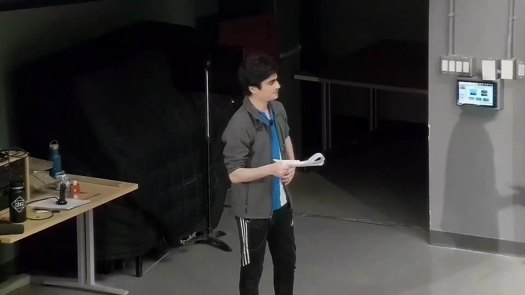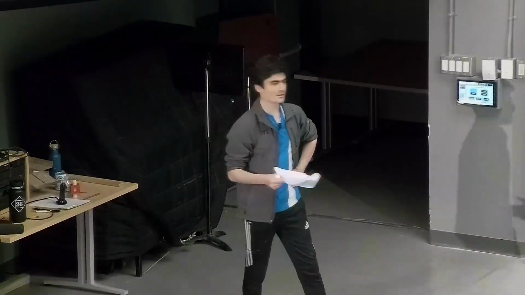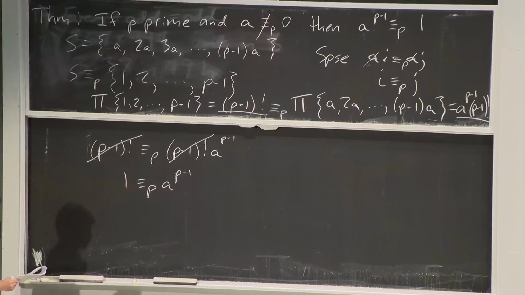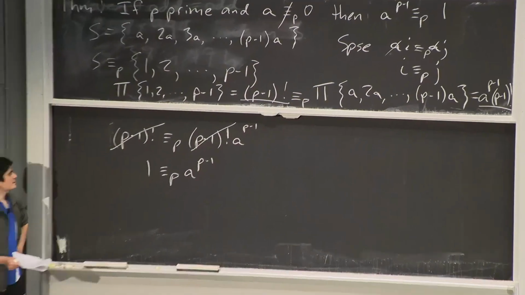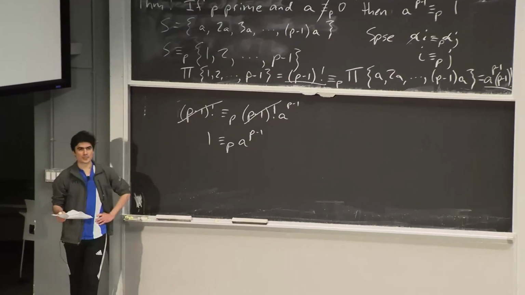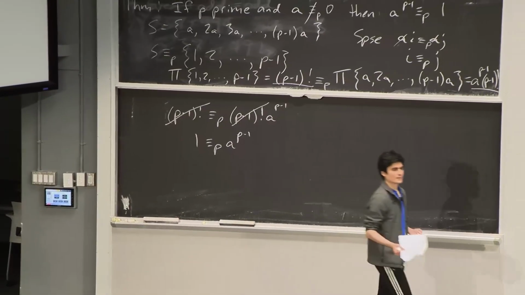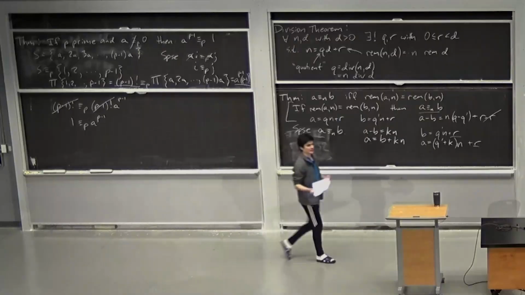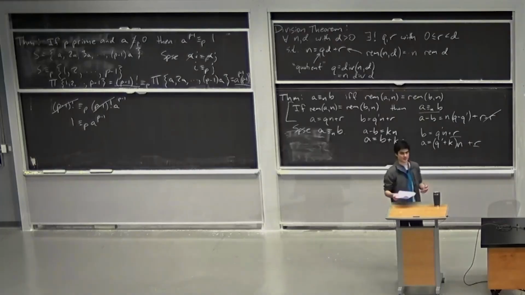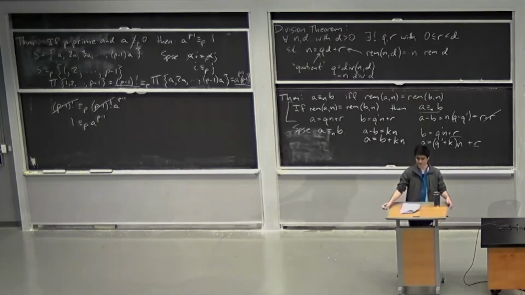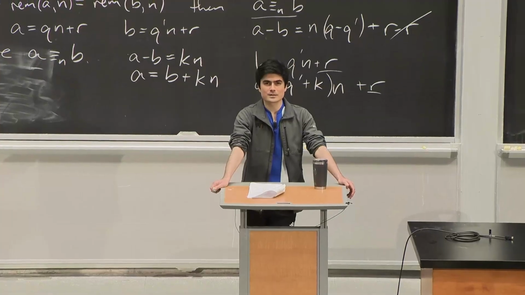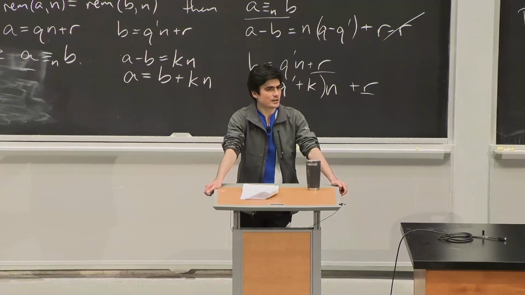Okay? And that's the result that we were looking for. So if we're working mod n, we cannot generally reduce exponents mod n. But if n is prime, we can instead reduce mod n minus 1. Does that make sense to everybody?